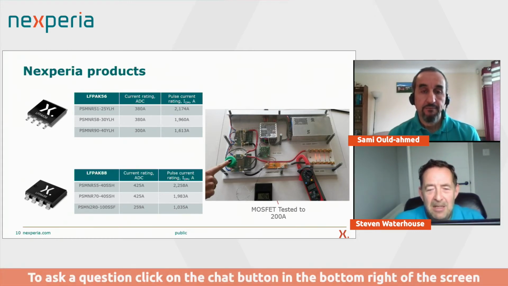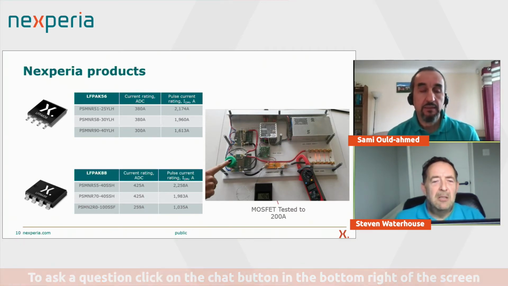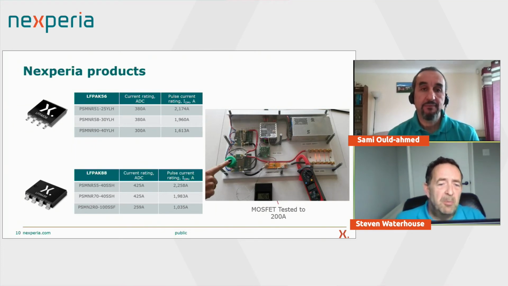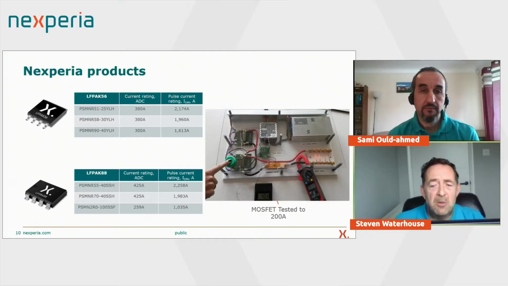Okay, thank you, Stephen. The next question is: is pulse current rating measured or calculated? And if calculated, then how, at what mounting base temperature? Normally, the de facto standard for your pulse current rating is 4 times the ID max, and this is normally calculated at a mounting base of 25 degrees C. However, we are developing the capability in-house where we can test this current rating.